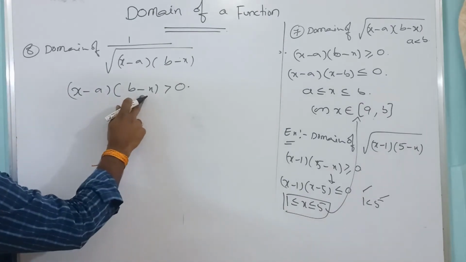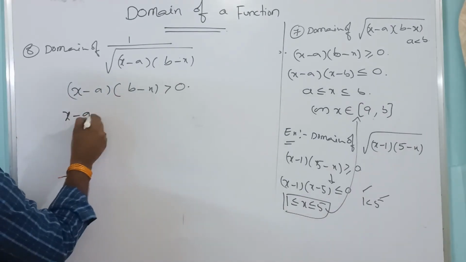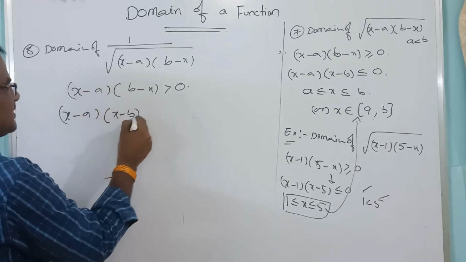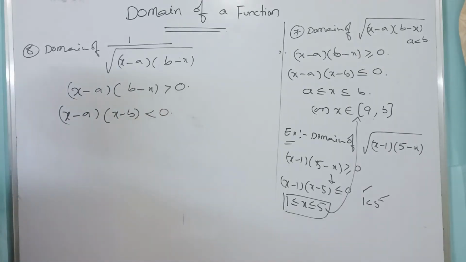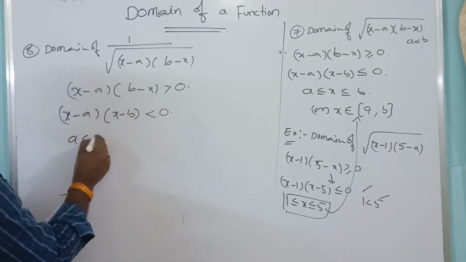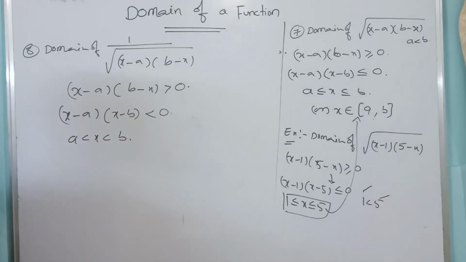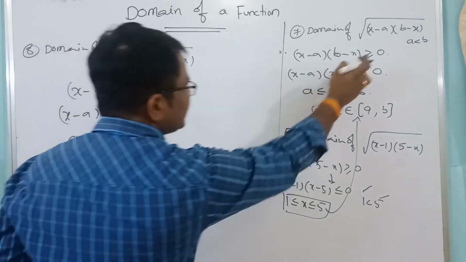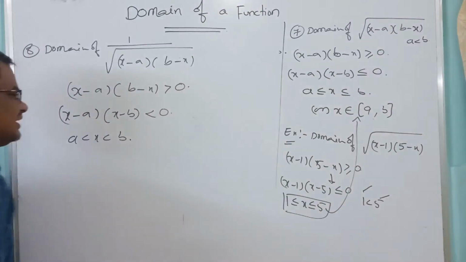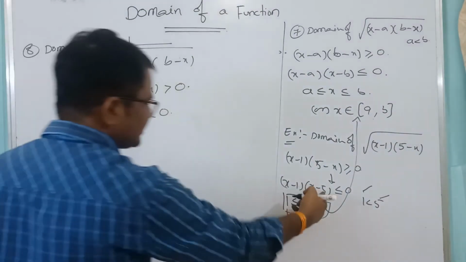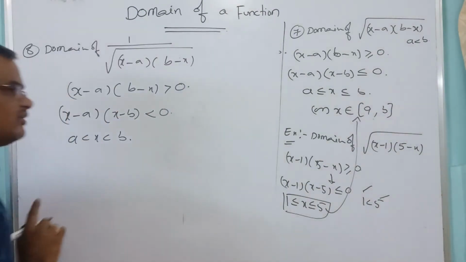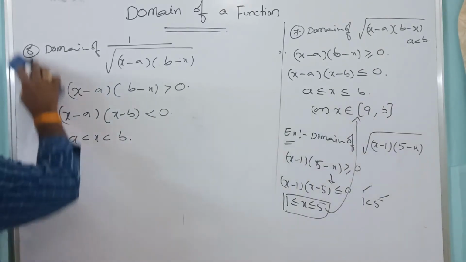Now multiply with minus for the second factor: (x minus a)(x minus b) less than 0. Less than 0 means a less than x less than b. That's it. The difference between these two is that here equal to is allowed, and here equal to is not allowed. Same example, if you take, 1 less than x less than 5, right?